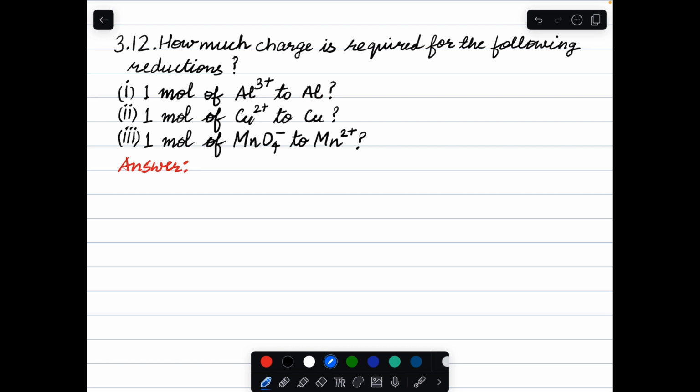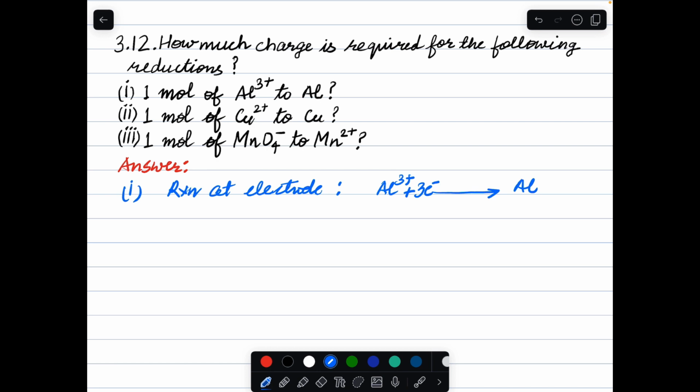Okay, so we will start with the very first example, and in this case if we see the reaction at the specific electrode, it is reduction, so it should be at cathode. So reaction at cathode is written as, we have aluminium ion given, and these aluminium ions are converting to aluminium metal, neutral metal, and we know that one ion has got 3 unit positive charge, so therefore to nullify this charge we need 3 electron per atom.